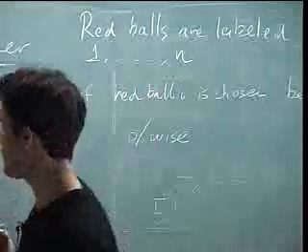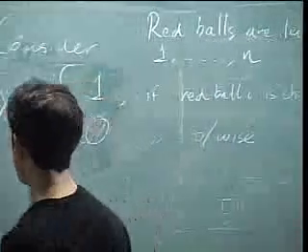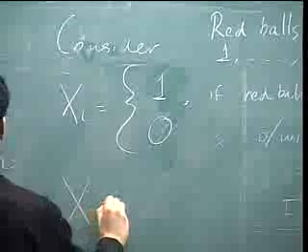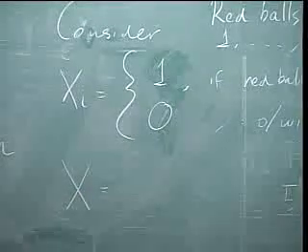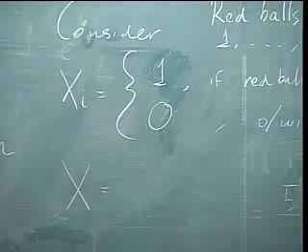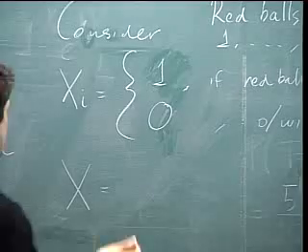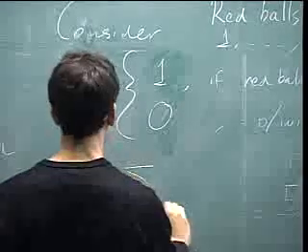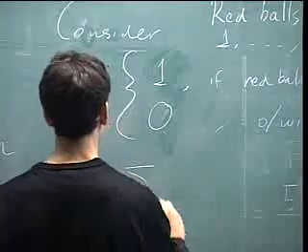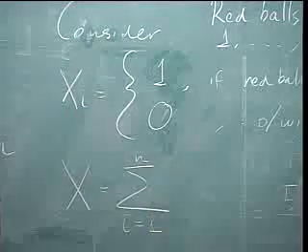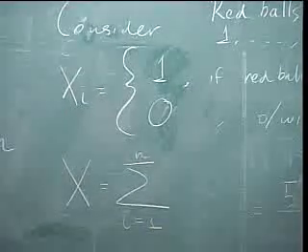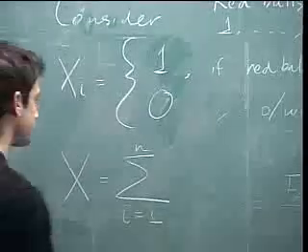With this definition, we can see that X, which is the total number of red balls removed before the first black ball is chosen, would just be the sum of these indicator random variables from i equals 1 to n, for every single one of these red balls.